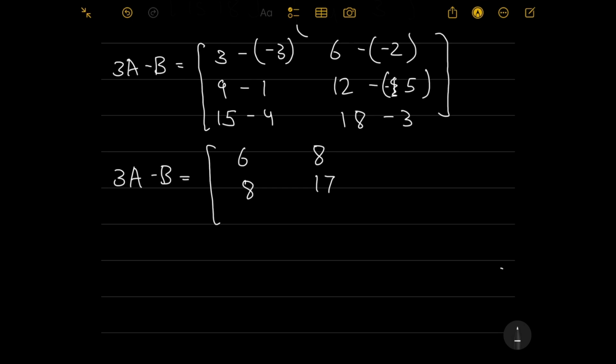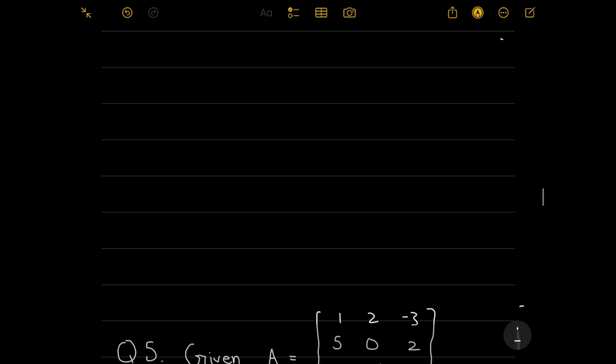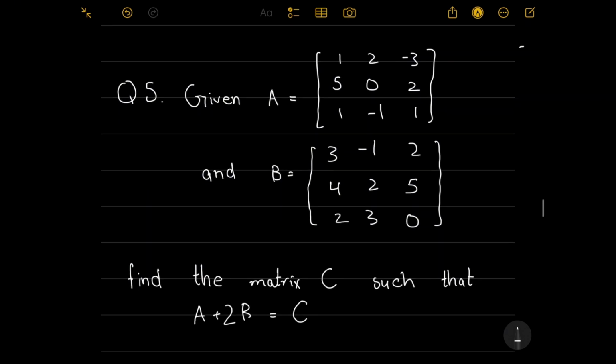So 17, 15 minus 4 is 11, and 18 minus 3 is 15. So our answer is this matrix. Let's move on to the next question, which is question number 5, which is quite similar to this one.